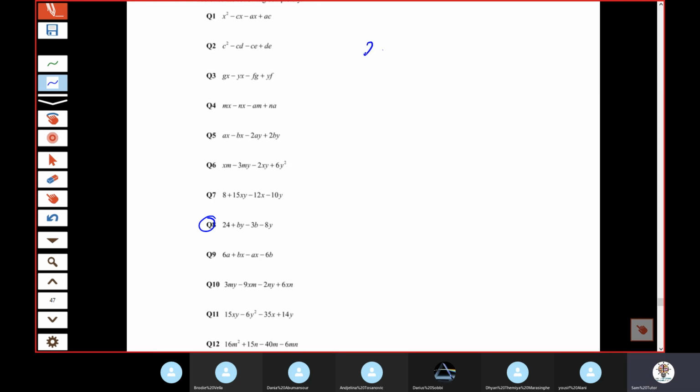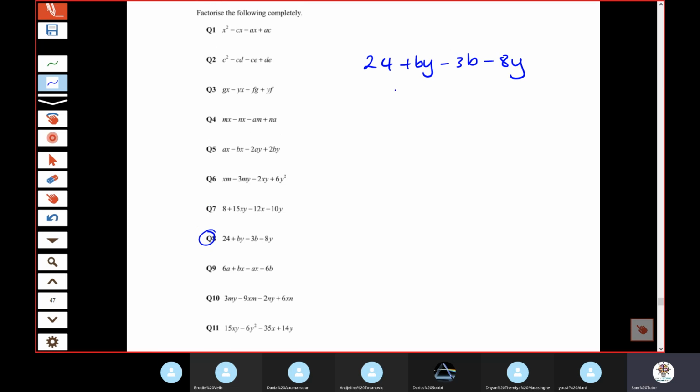So let's do that one up here somewhere. 24 plus by minus 3b minus 8y. All right. Who wants to tell me first with which one? It's up to you. We'll just try it out and see if it works. I think I can see what it is. 8y. 8y?